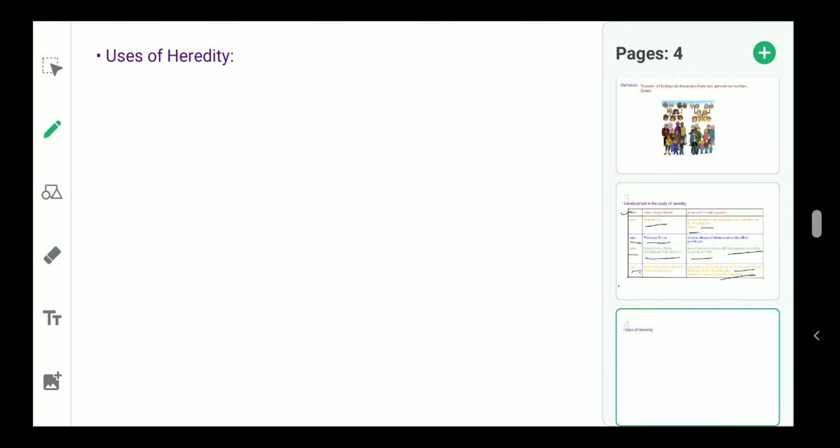Okay, so what is the importance of studying heredity? There might be some importance, some uses of studying heredity. So where can this study be used?